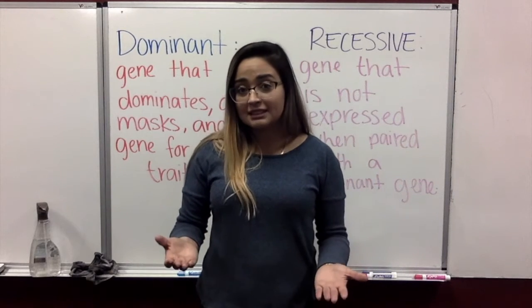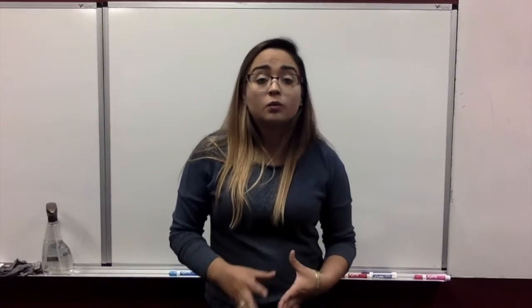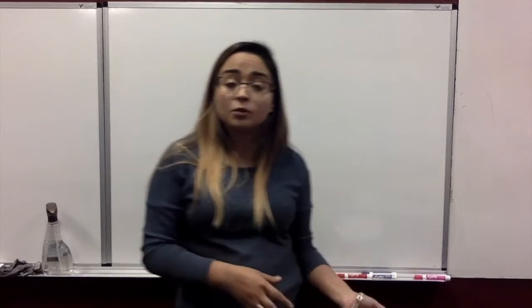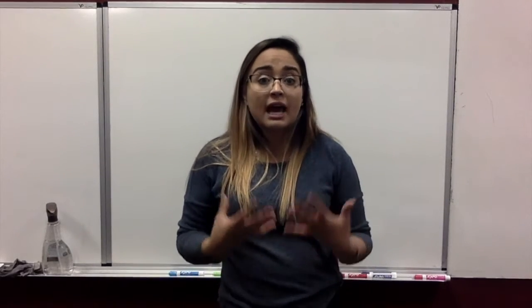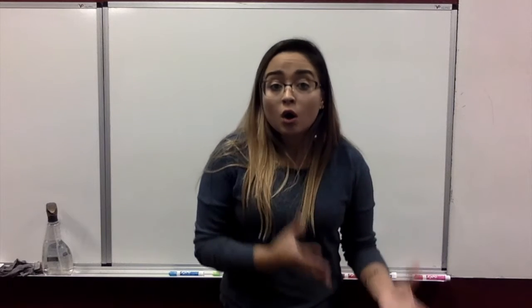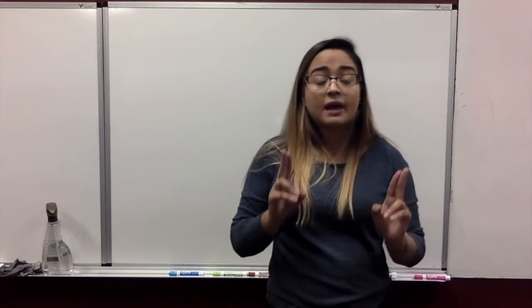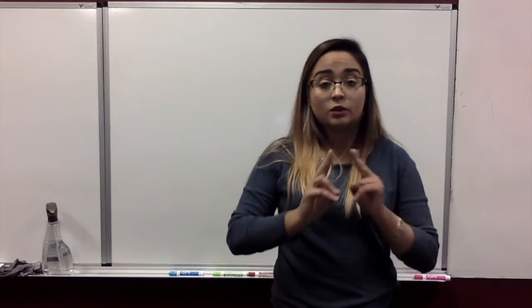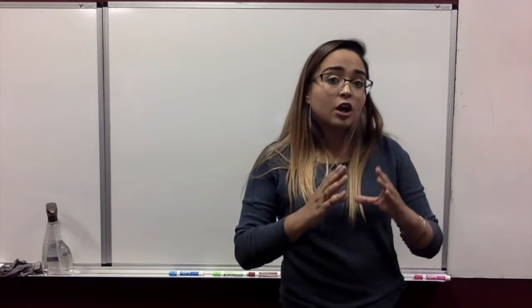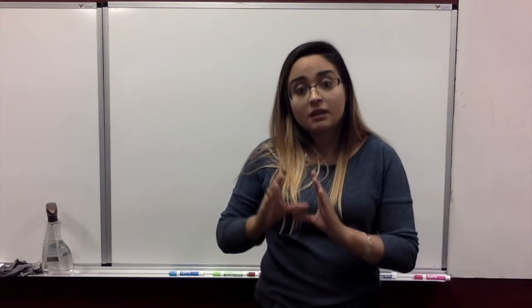Does that make sense? So a very brief recap on what we talked about today, which is heterozygous and homozygous genes, and also whether genes are dominant or recessive. Now, homozygous genes are the two genes that are identical in one organism, whether they are both recessive or they are both dominant.